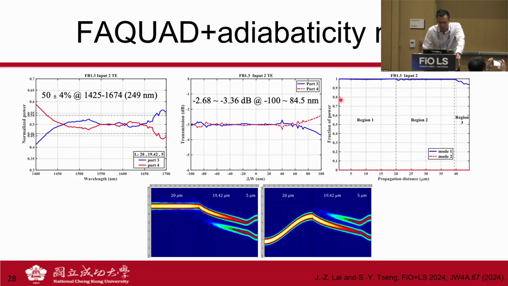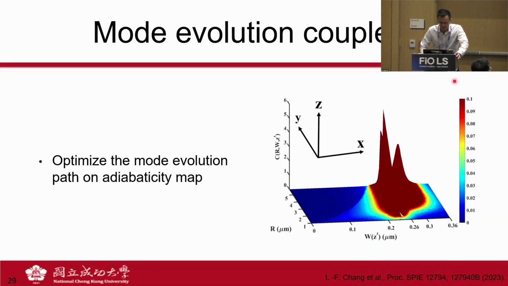And if you look at the power of the supermodes along the device, you can see that this is exactly what we wanted. All the power stays in one of the supermodes, and the unwanted coupling is almost completely canceled. Due to time, I think I'll skip this part.